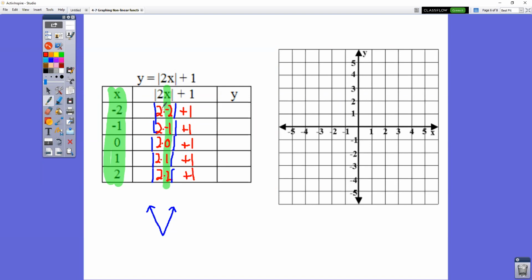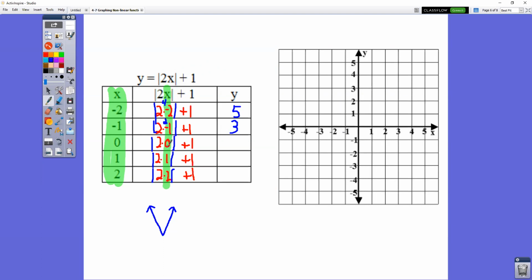So the absolute value, 2 times -2. 2 times -2 is -4. The absolute value of -4 is +4. 4 plus 1 is 5. 2 times -1 is -2. The absolute value of -2 is +2. 2 plus 1 is 3. 2 times 0 is 0.